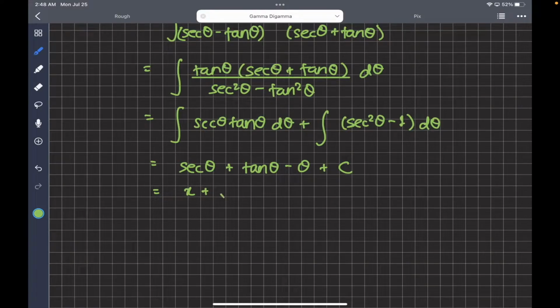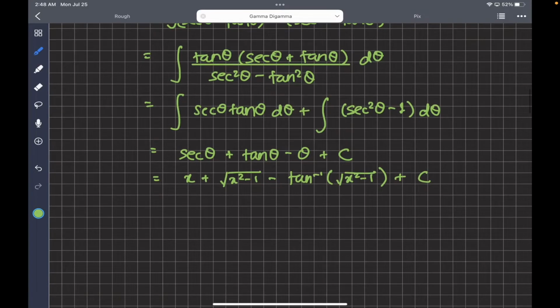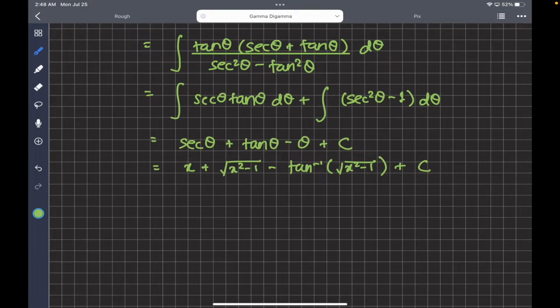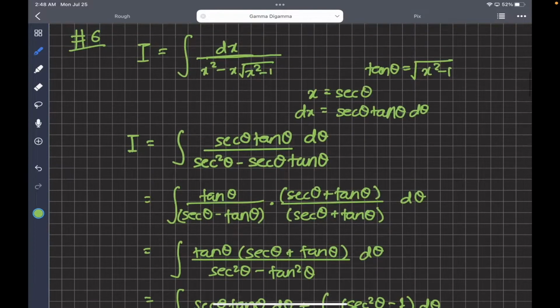So we have square root of x squared minus 1 minus, well, theta is just the inverse tangent of whatever tan theta was, so that's the inverse tangent of the square root of x squared minus 1, plus c. There we go. That is the final answer, and we've solved this indefinite integral.